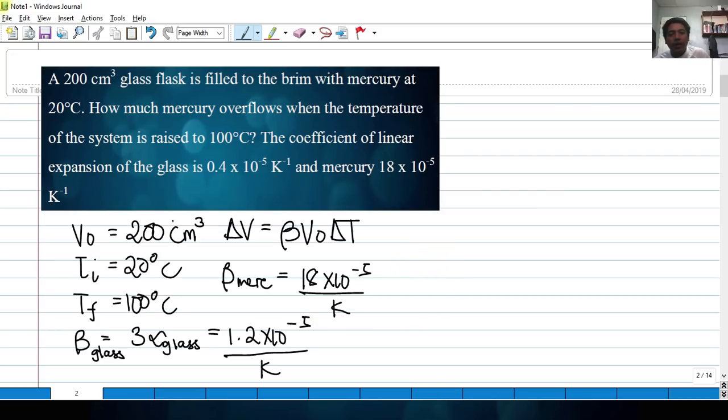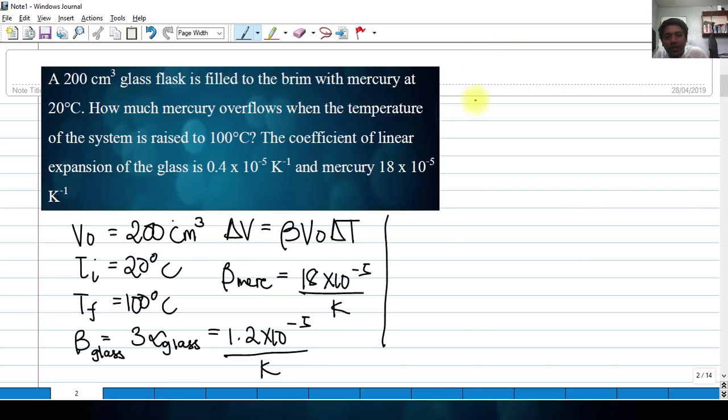If we imagine the glass is filled with mercury, when the glass is heated, its volume expands. Also, the mercury in it also expands. Because mercury is a metal, the expansion of mercury is much greater than the volume expansion of the glass.